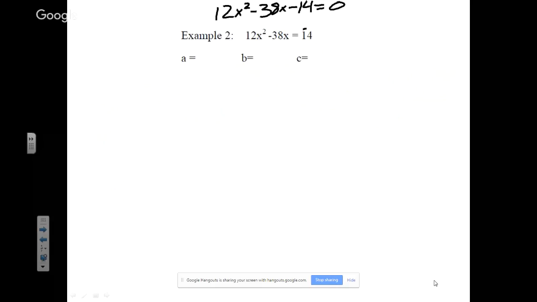So then we have it in the form that we want. We've done that first step. Now the second step is just figuring out what our A, B, and C are. So A here is 12, B is negative 38, and C is negative 14.